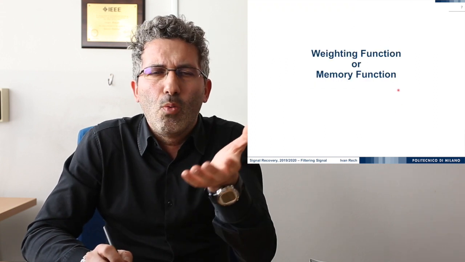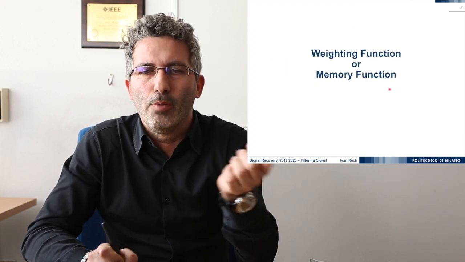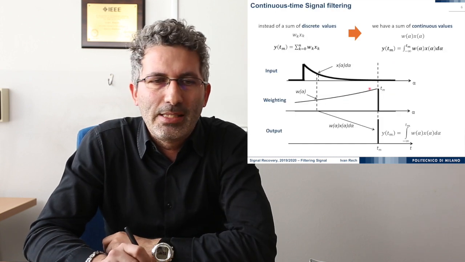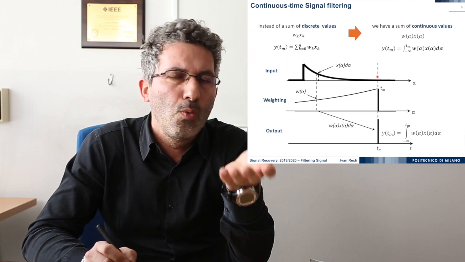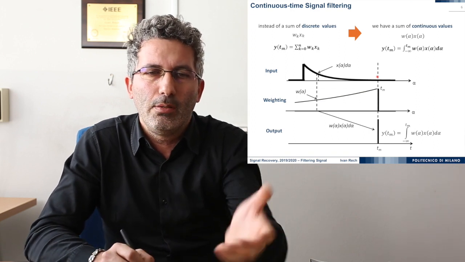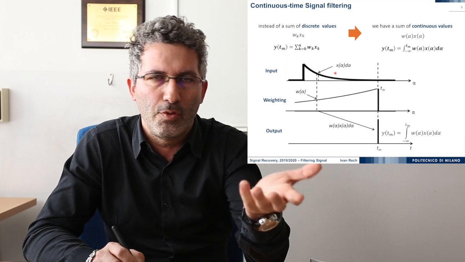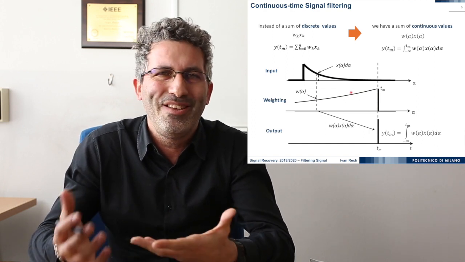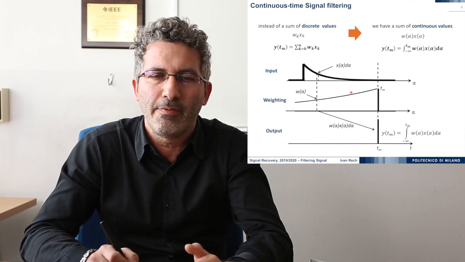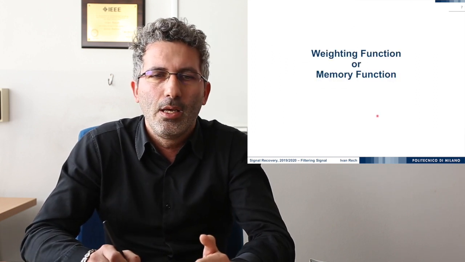I told you about the weighting function. If you go back, this function here is the weighting function. Why? Because it gives us the weight for each d alpha, or each sample, if you prefer. Is it possible to write a better definition of the weighting function? Obviously yes.